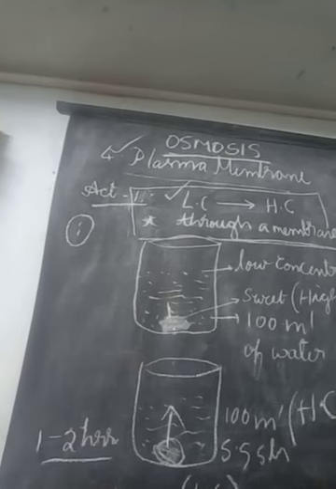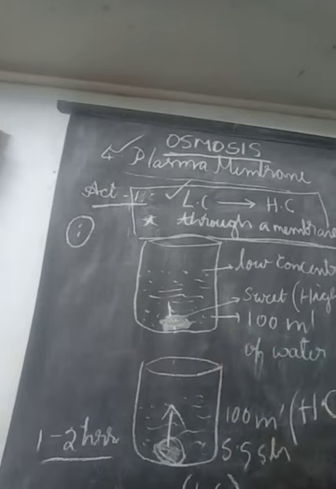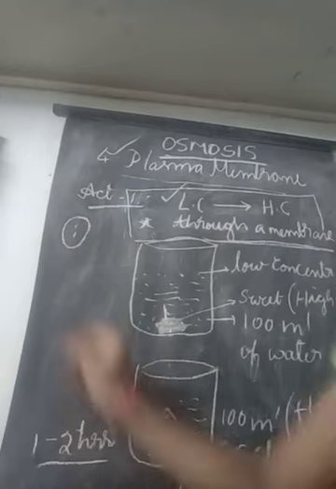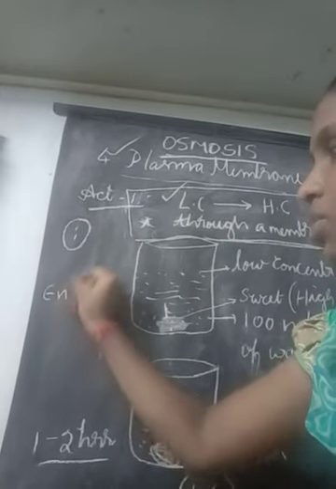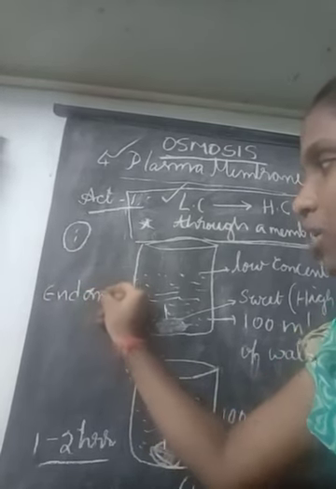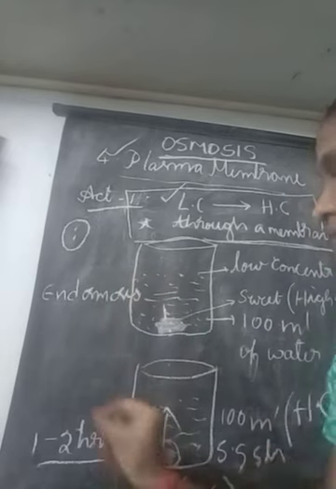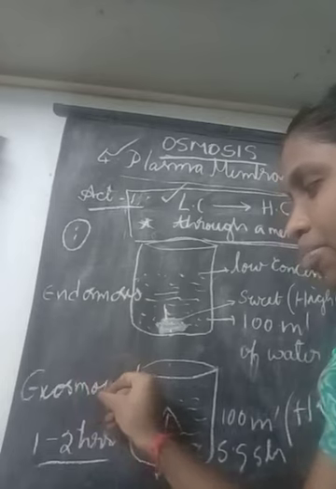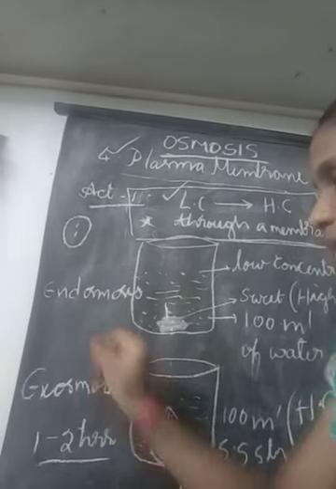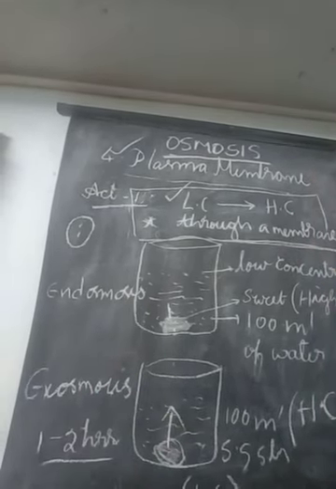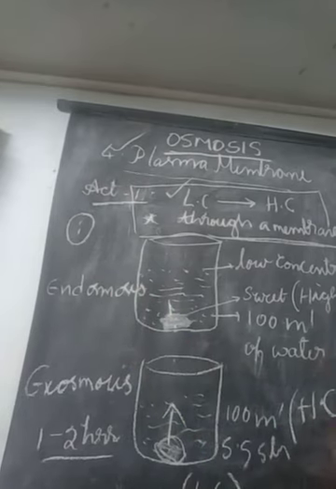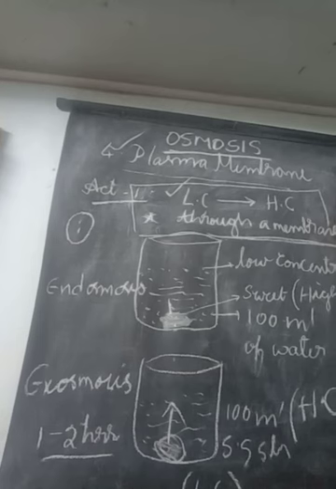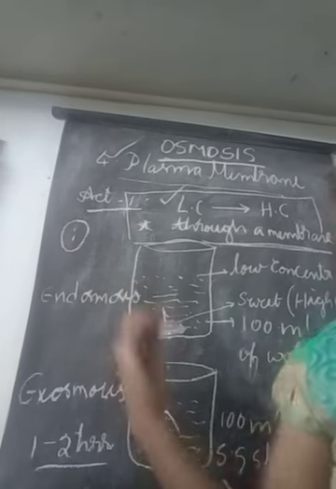Now for these two cases also we will give names: exosmosis and endosmosis. Here the osmosis is called endosmosis, and this is called exosmosis. Can anybody explain by observing the names? Water enters inside through the plasma membrane. Very good.